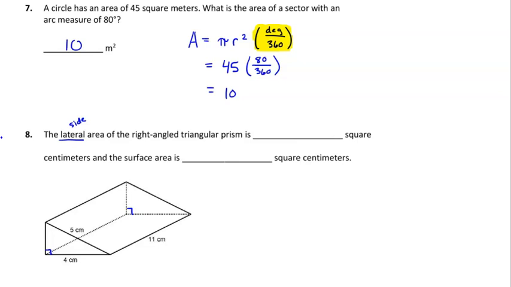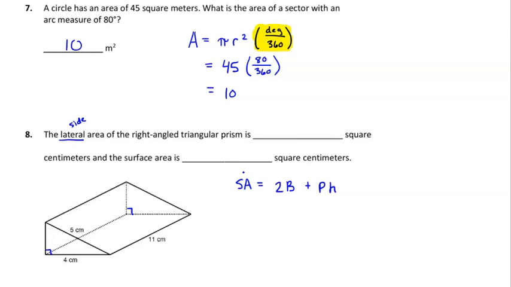And when we look at the formula that they give us for a triangular prism, we have SA, which stands for surface area, is equal to 2 times the area of the base plus the perimeter of the base times height. Make sure that you know what the B and the P stand for. B is for area of the base, and then P is the perimeter of the base.